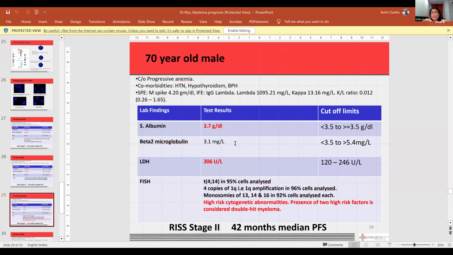Beta 2 microglobulin was within normal limits. LDH was on the higher side, and there were 2 high-risk factors present, 4;14 and 1q gain. However, in spite of the presence of high-risk abnormality, the RISS score was stage 2 because of the other markers. So we have to take into account all the prognostic markers.